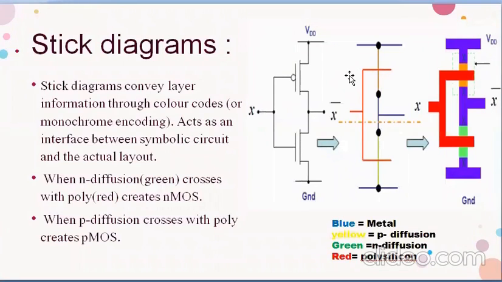Now let's see how to draw stick diagrams for our implemented digital gates. Using CMOS technology, we constructed our digital gates. For representation purposes, we use different color codes to represent our circuit in the form of different lines.